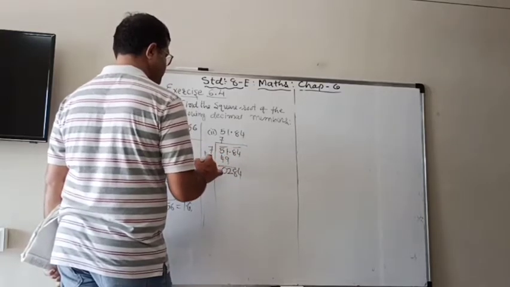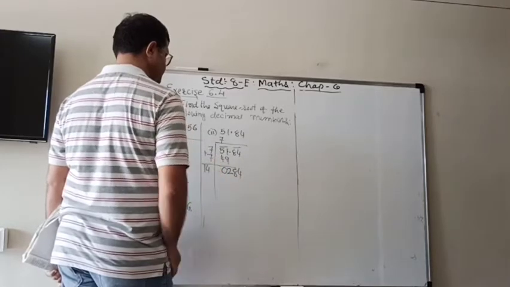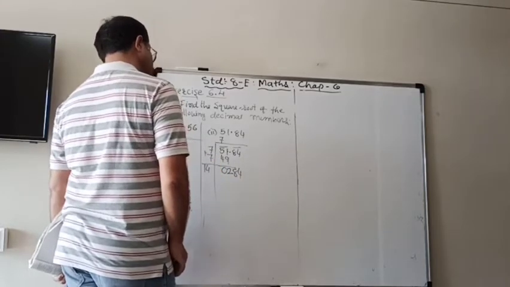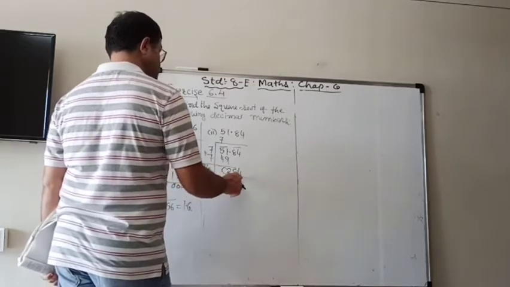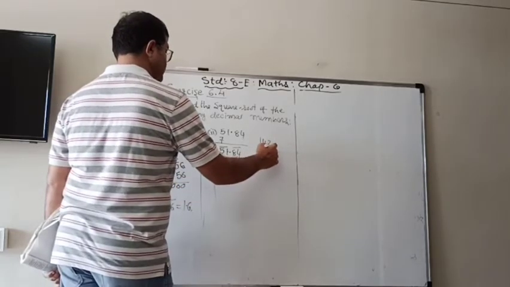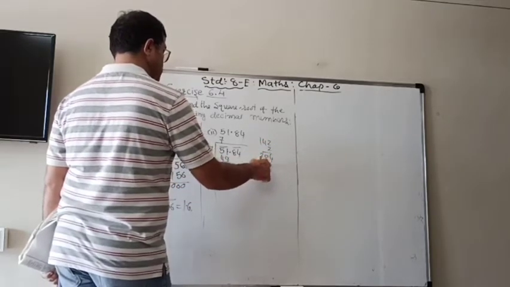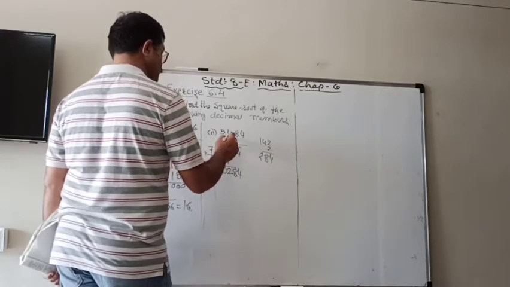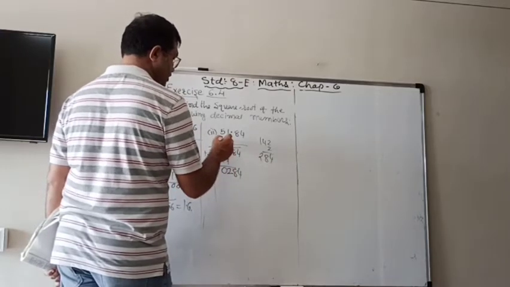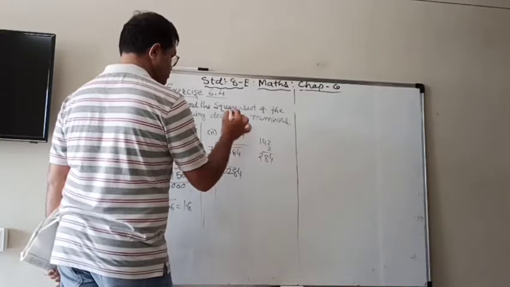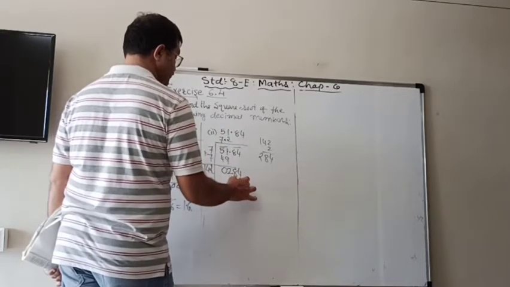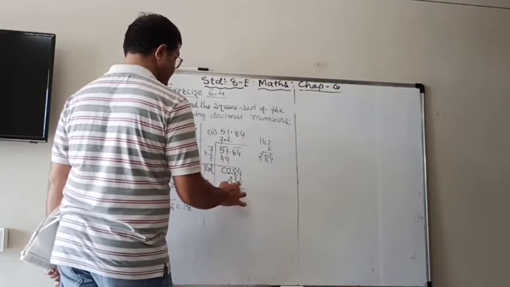And here 7 plus 7 is 14. So now 2 twos are 4, so 142 twos are. So 142. Now we forgot to put a point, that's why you can put the point here now. 2s are 284, and you got this.